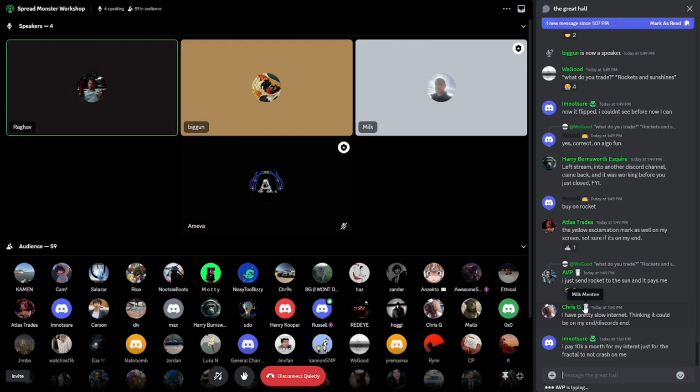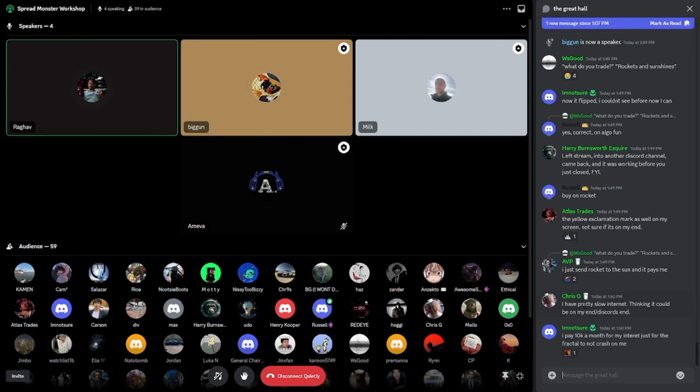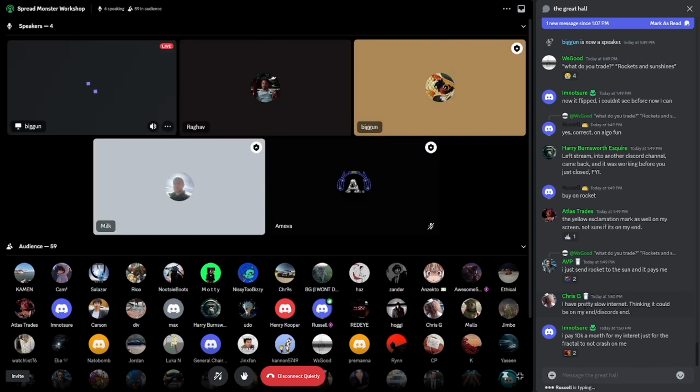Are you not able to share your screen or something? Oh wait, now I have the permission. I just didn't have permission or whatever. Hold up. All right, can you see my fractal? No, currently it's loading.